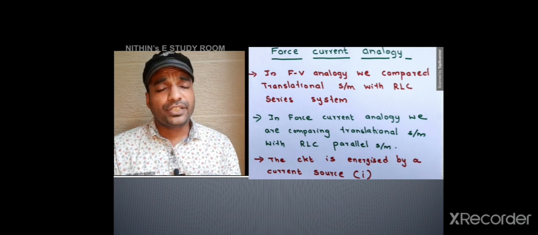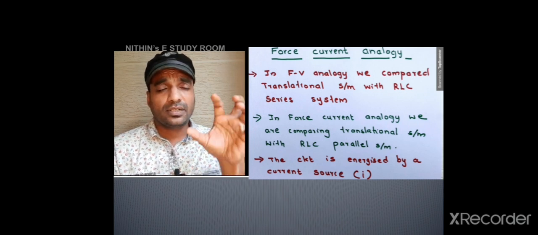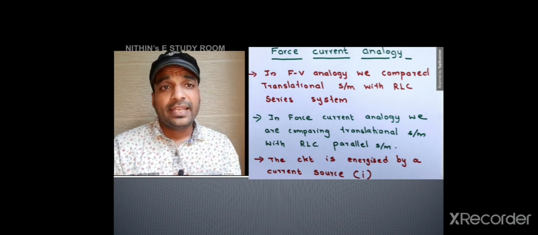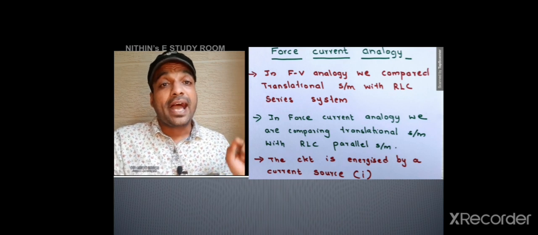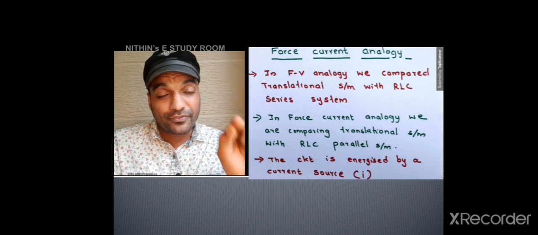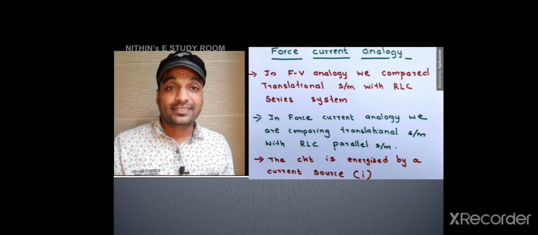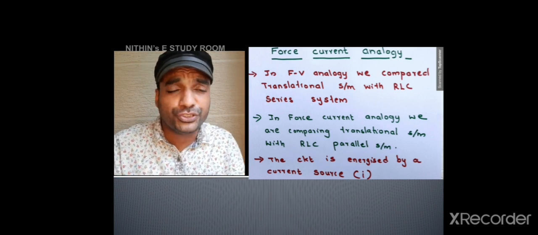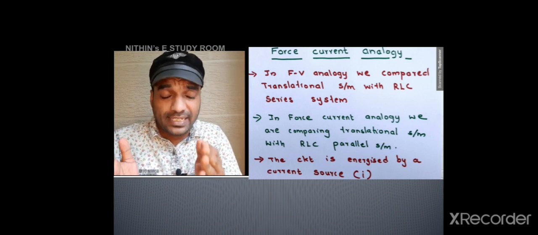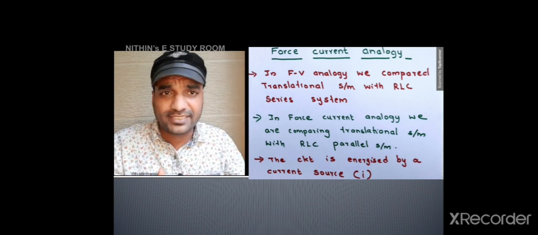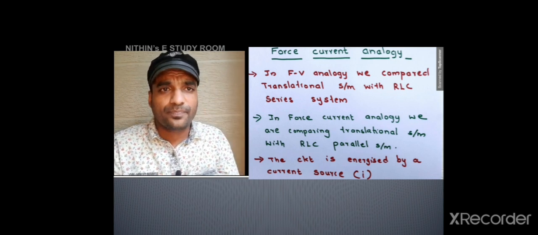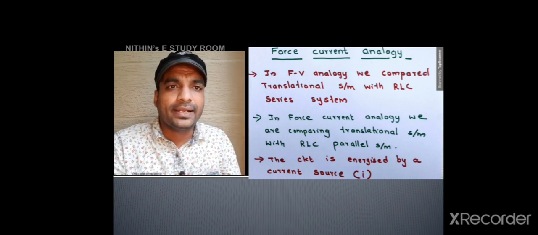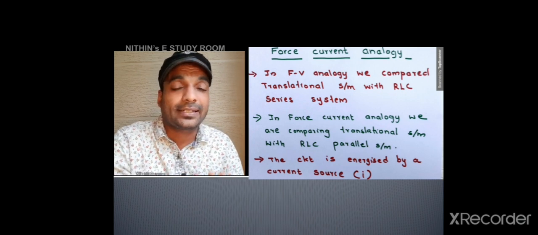The force equation of the mechanical translational system was compared with the RLC series system of an electrical circuit in the last case. But now, we have to compare it with the RLC parallel equation.